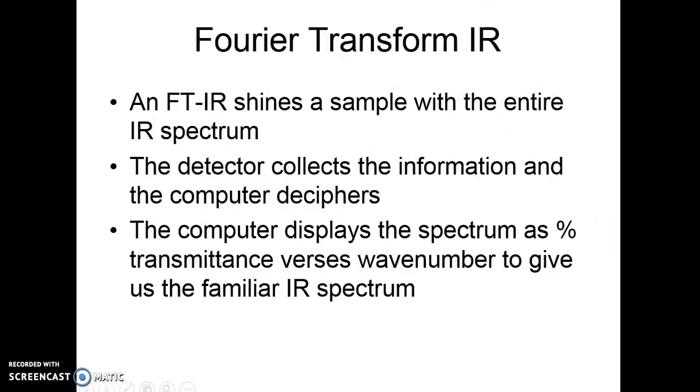So now you understand that an FTIR instrument shines all of the wavelengths at once, and then the computer is able to decipher the spectrum. When you look at the spectrum, what you will see is wave numbers. Wave numbers is 1 over the wavelength.